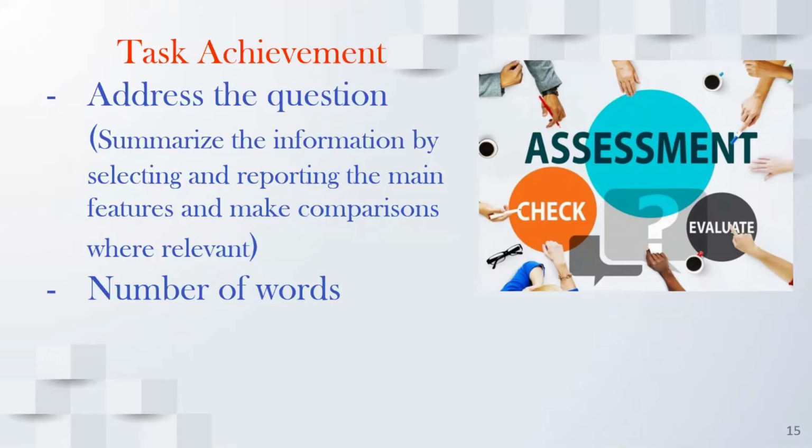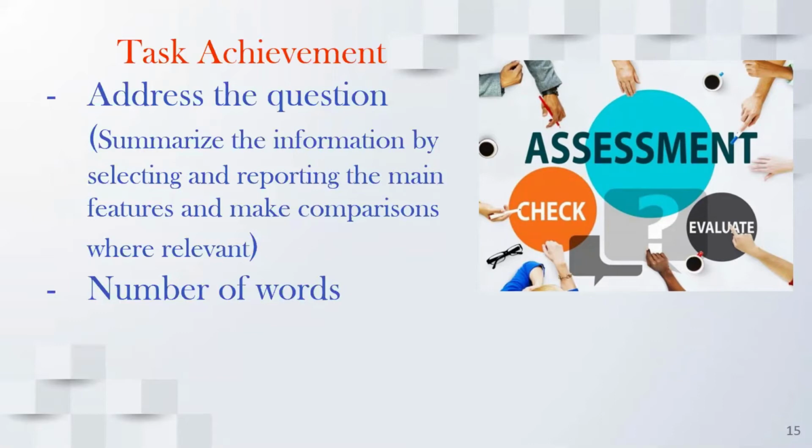And note that the question is saying if it's relevant. So if it's not relevant and if it's not important and you go ahead to make comparisons, then you are veering off the focus of the question that you have. Make sure that in the end you're focusing on the main features, not the minor ones.